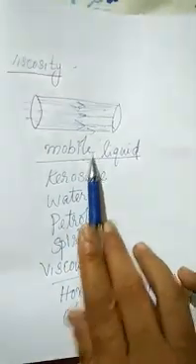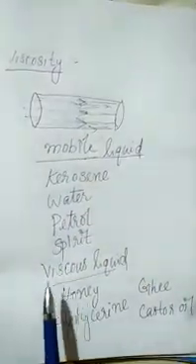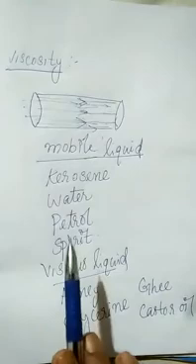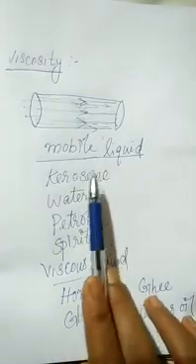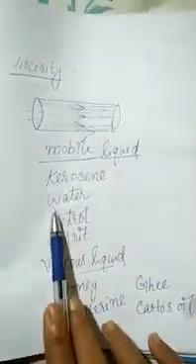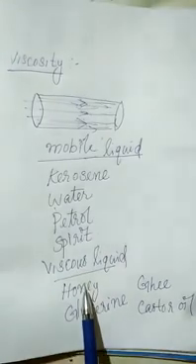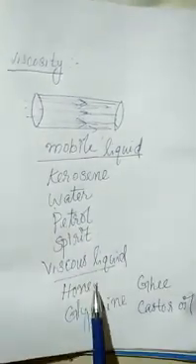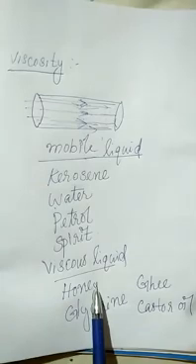Mobile liquids flow easily, viscous liquids flow very slowly. Among these, in between the layers of mobile liquids the viscous force is less, and the mobility will reduce when the viscous force is more between the layers.